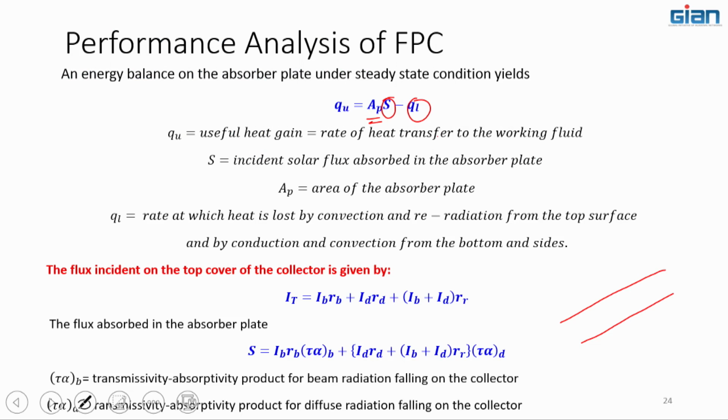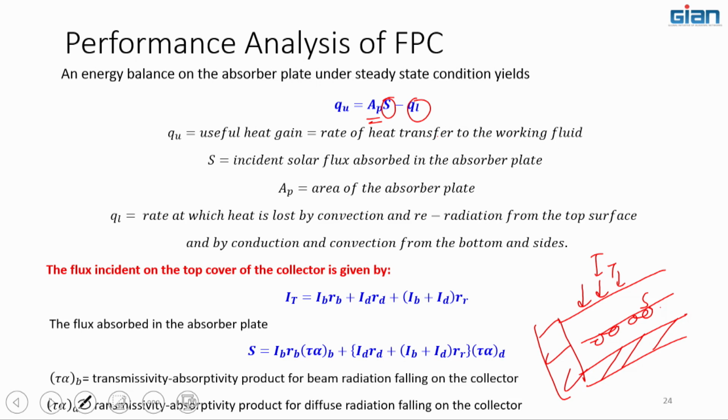Then you will have all those tubes, and then you will have all the insulations. So I am talking about this S here, the amount of solar radiation absorbed in the absorber, and this IT is the total amount of radiation which is falling on the glass cover, okay. So this S is also a function of IT, okay.